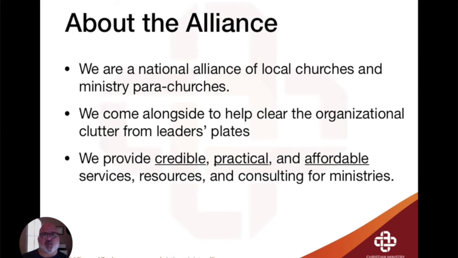So we come alongside and help them manage that process, clear the clutter, so to speak, help them align their systems and their mission with business functions on the back end so they can get on with their mission. By doing so, we like to say we provide credible, practical, and affordable services, resources, and consulting for ministries.